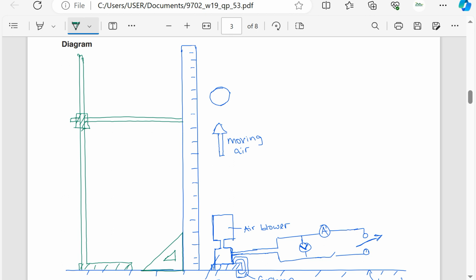Okay, so now this is going to be my clamp. This is going to be the ruler, or the meter ruler. So this is a set square.